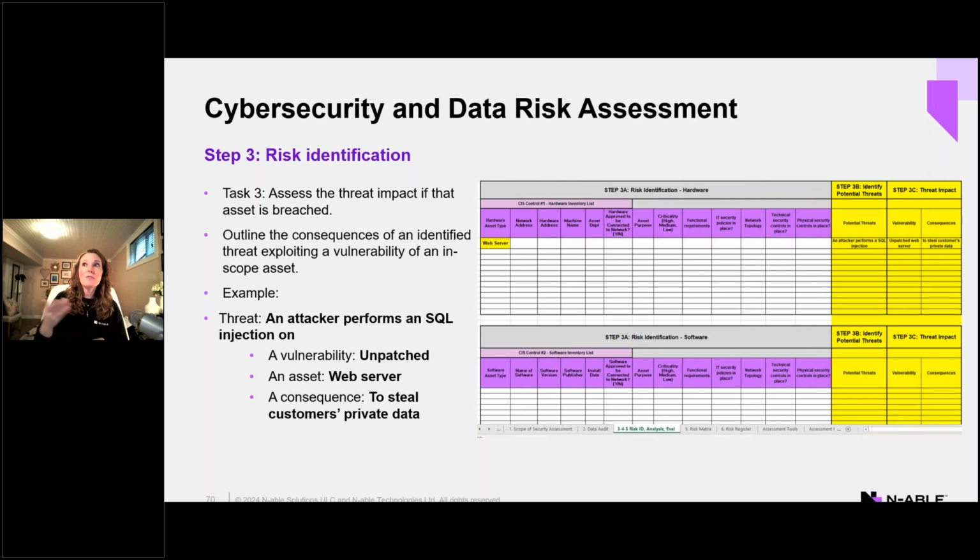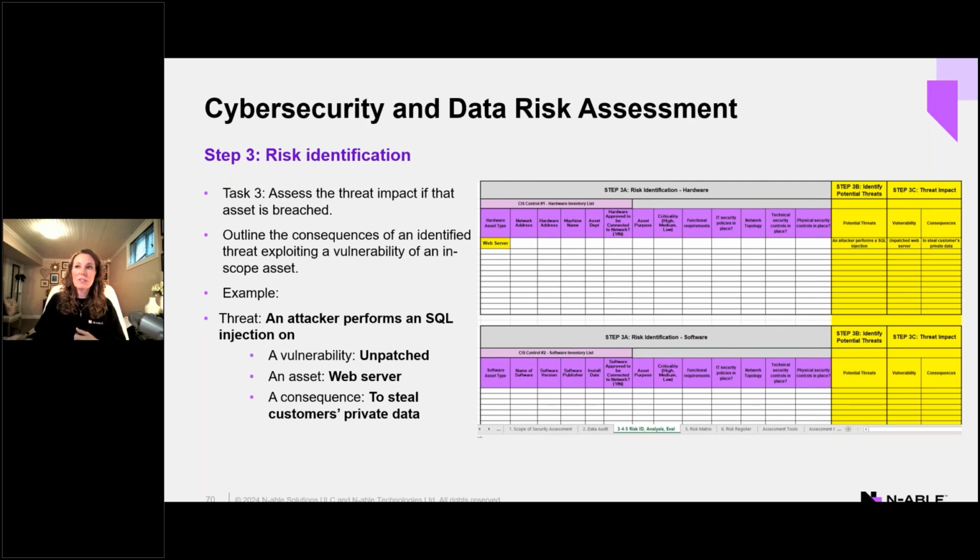Once you've identified the threats that are facing your prospect's organization, we now need to assess the impact of those threats. This task involves specifying the consequences of an identified threat exploiting a vulnerability of an in-scope asset.